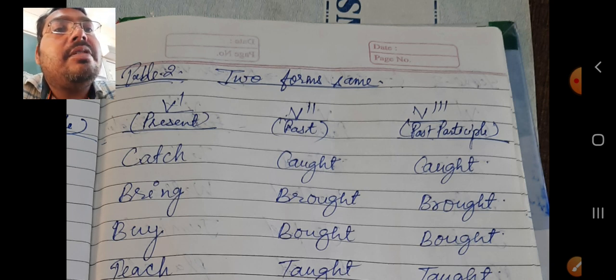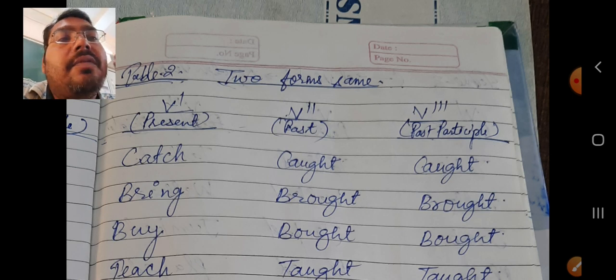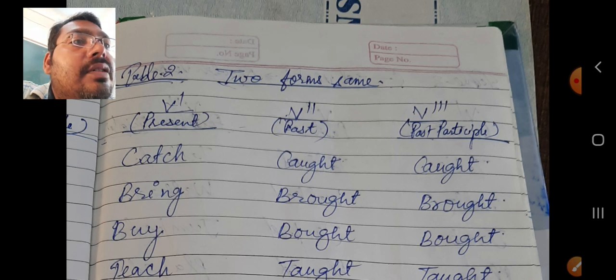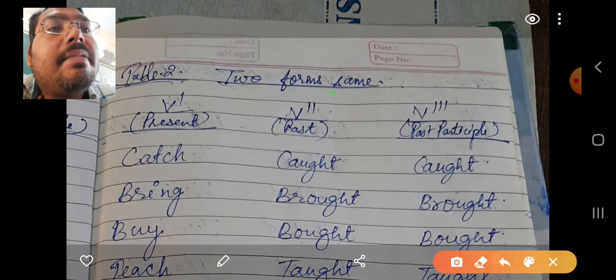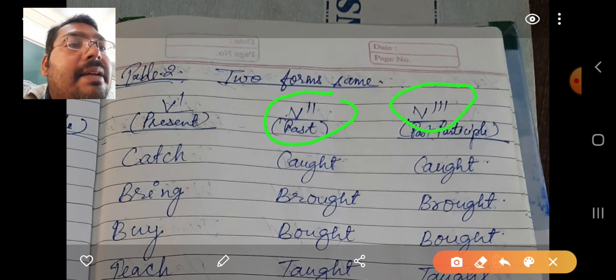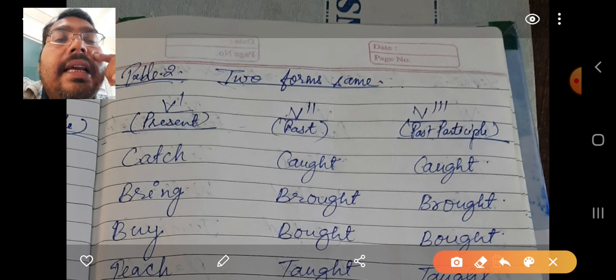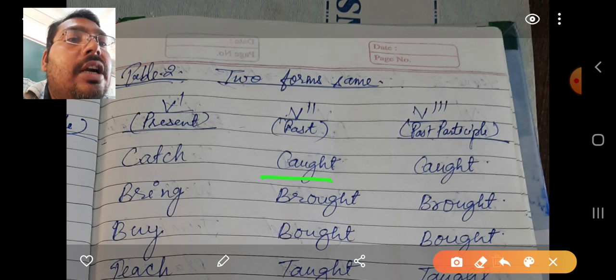There are three forms of the verb: first form, second form and third form. In table number 2 I have kept those verbs whose second and third forms are the same. Like catch, first form, present form, and then caught, caught.